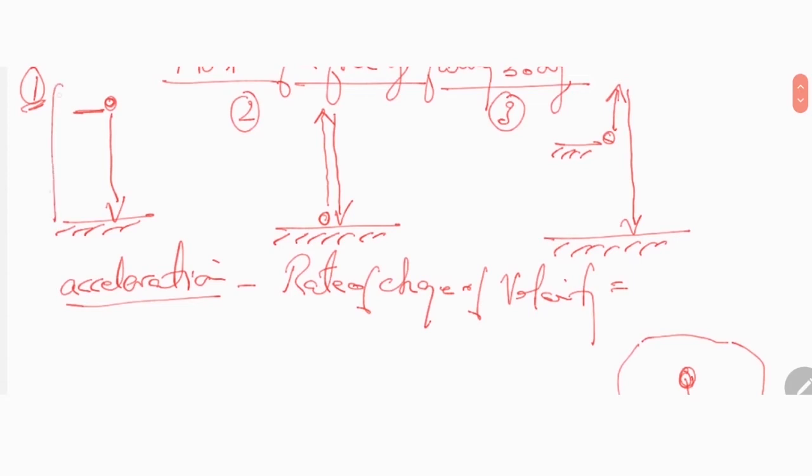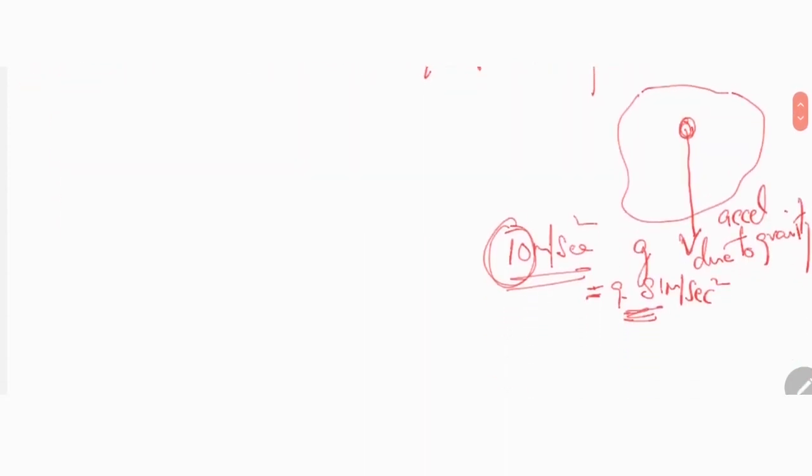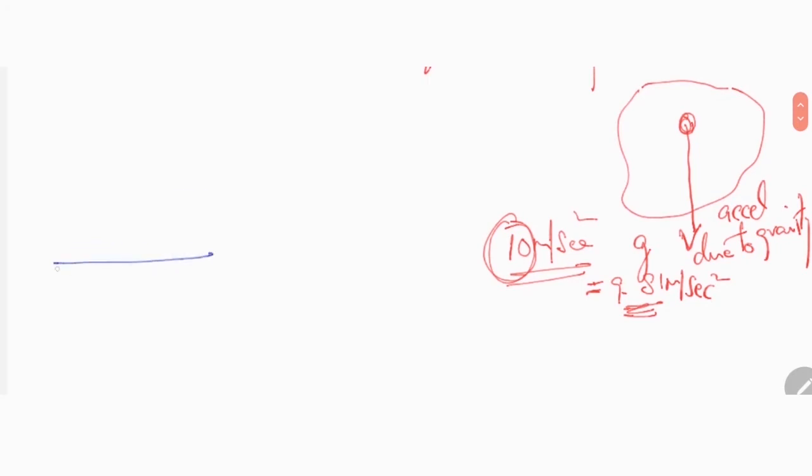So let's understand what is happening here. Let me draw this again. So this is the platform, this is the ground, and the ball is here, and it is being allowed to fall free, okay? Now we learned a few concepts in our last class. What is initial velocity? We denote it by u.